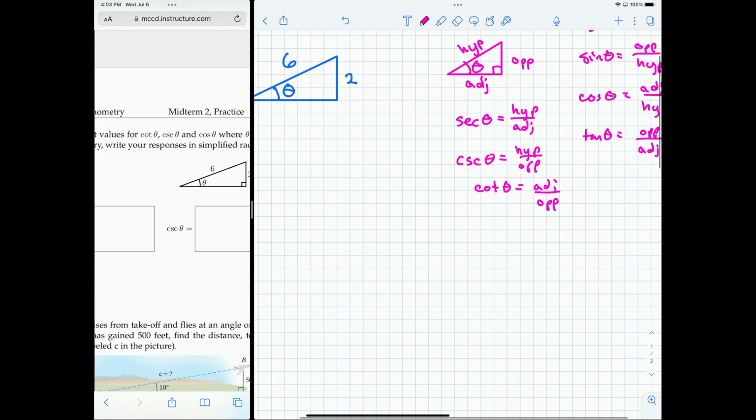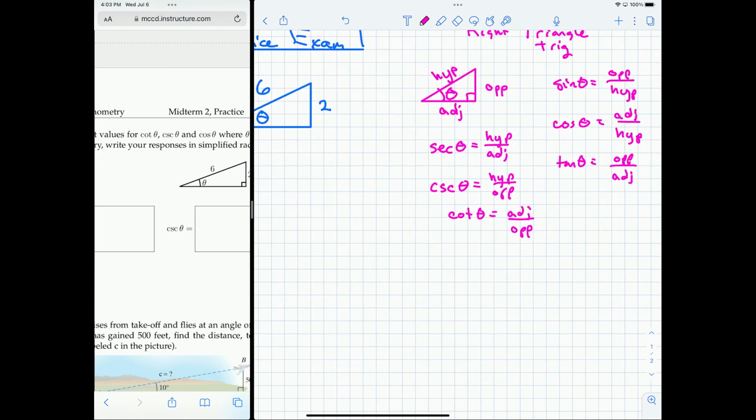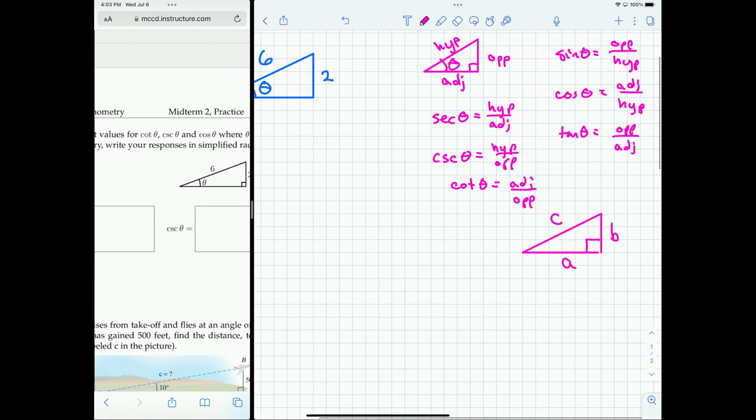And also in a right triangle, we have the Pythagorean theorem, which I will draw. So right angles there. And the relationship for a right triangle is that a squared plus b squared equals c squared, right? So that's everything you need for a lot of the problems on here.